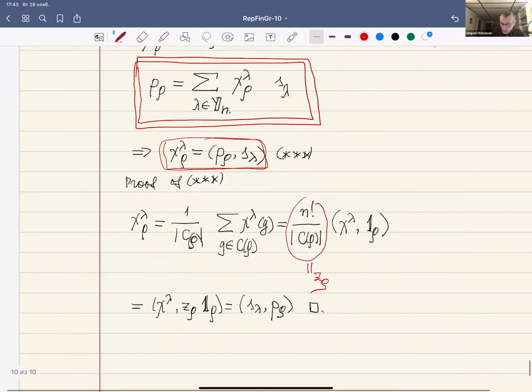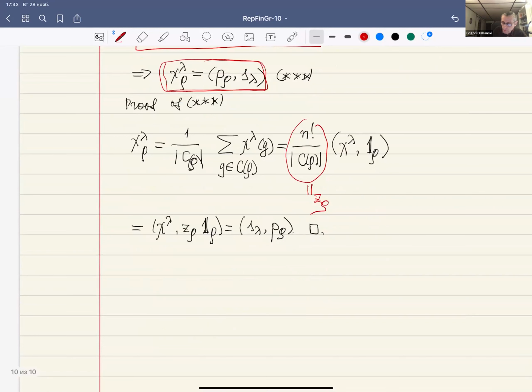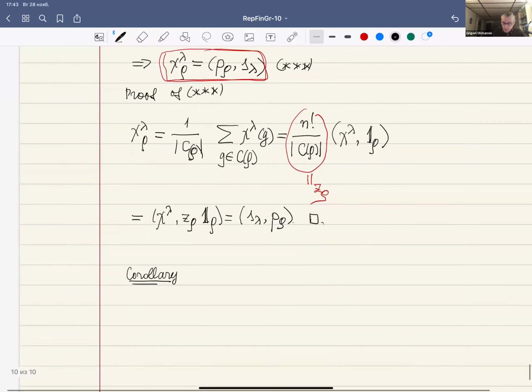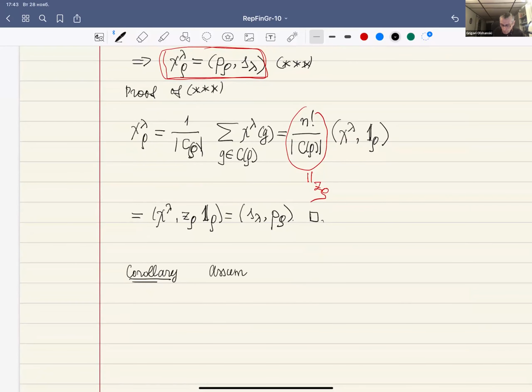Okay. And finally, I want to give a corollary. It says as follows. Assume that capital N is large enough. And we have the following formula, which can also be called the Frobenius formula. Let me write it, and then I will explain the notation.